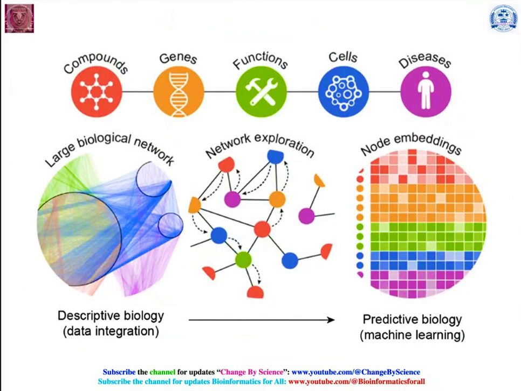Now, this is how you can think if you are going to work in biological data science. You need to understand the compounds, genes, their functions, cells, diseases, biological networks, network visualization and interpretation, and the nodes and the connections or node connectivities, or also you can say the adjacency matrix. So here you start from data integration to descriptive biology to predictive biology, that is data integration to machine learning.